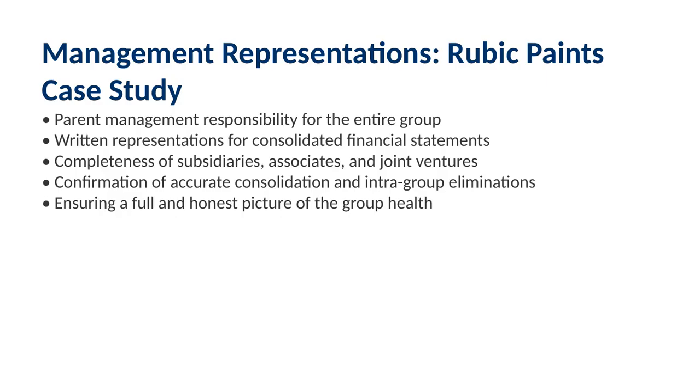First, let's look at the case of CA Cajal and Rubik Paints and Chemicals Limited. Here, Cajal is auditing consolidated financial statements and needs written representations from the parent's management. Now, remember, when we talk about consolidated statements, the parent's management is responsible for the entire group's reporting.